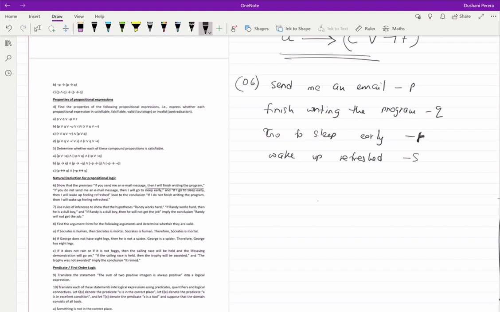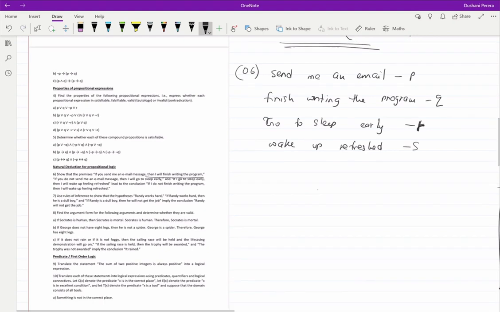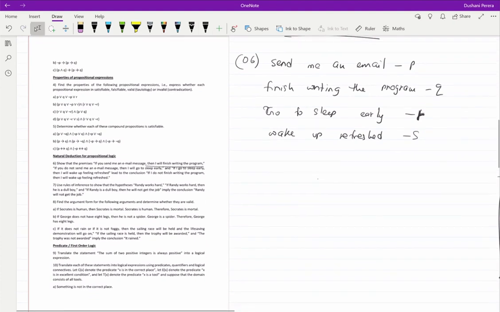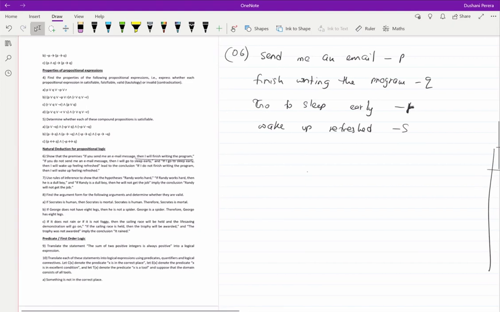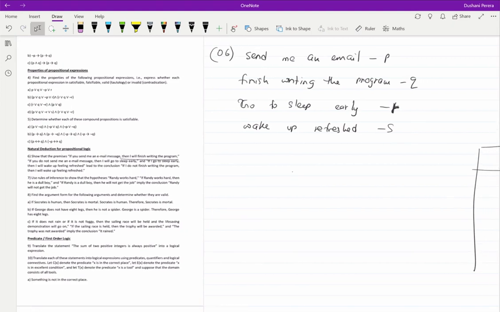Now, first of all, let's construct our formulas. So the first part says, if you send me an email message, then I will finish writing the program. P implies Q.